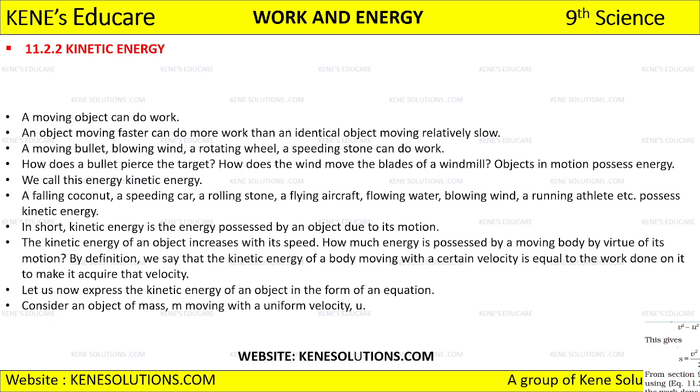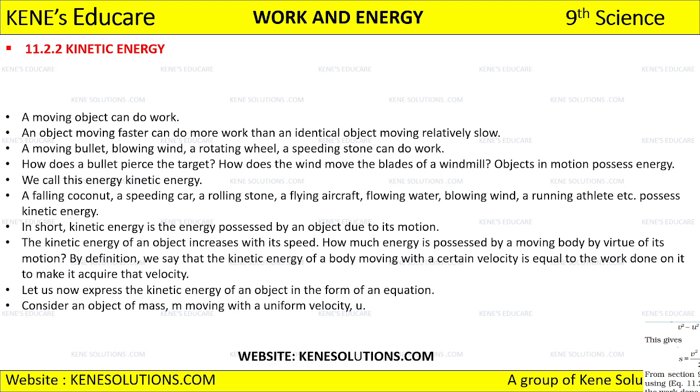A moving object can do work. If an object is moving, if there is any displacement shown by the object, then we can say that a moving object can do work, and an object moving faster can do more work than an identical object moving relatively slowly.